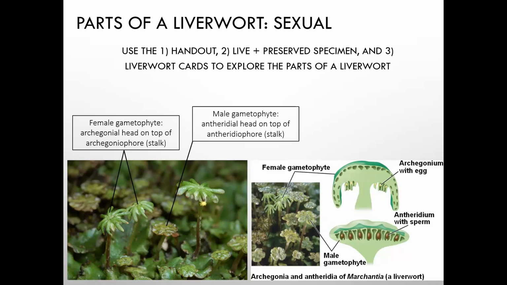And just to reiterate, within the archegonial head, you'll find archegonium containing eggs, and within the antheridial head, you'll find antheridium containing sperm. The archegoniophore and archegonial head is this palm tree looking structure, and the antheridiophore and antheridial head looks more like an umbrella shape.